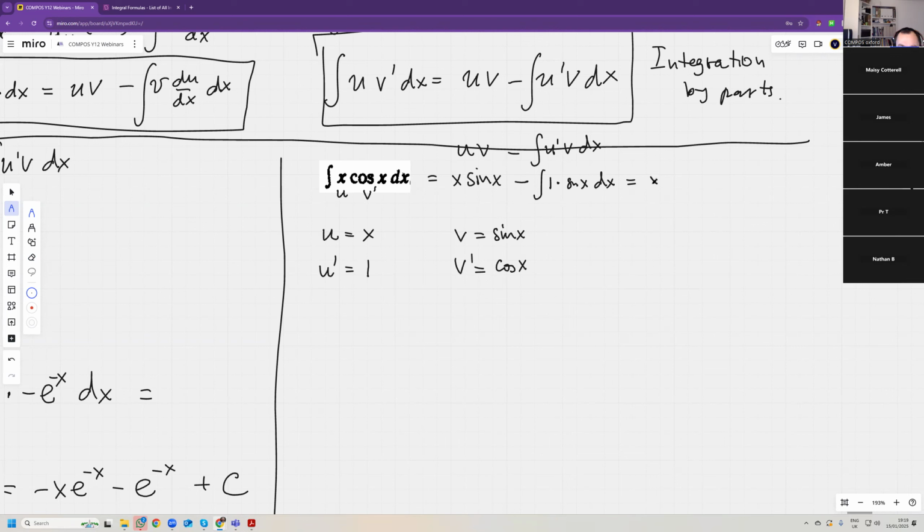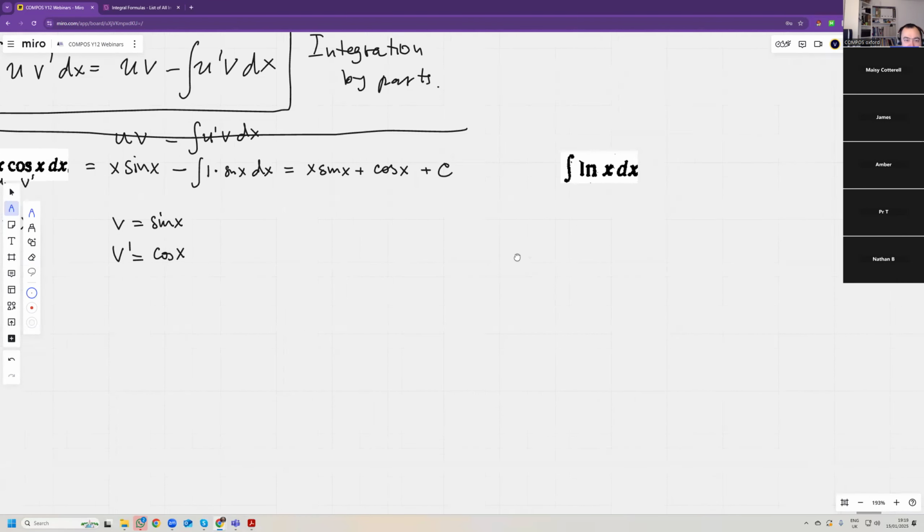So that's equal to x sine x plus cos x plus c.